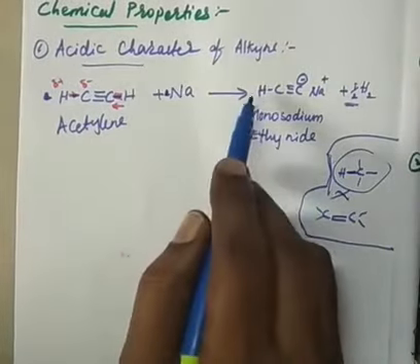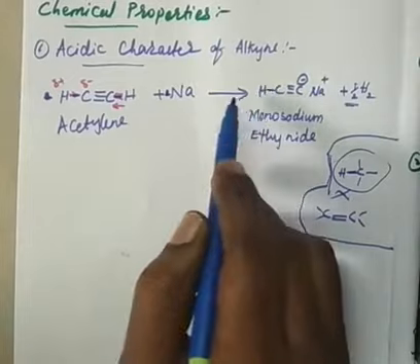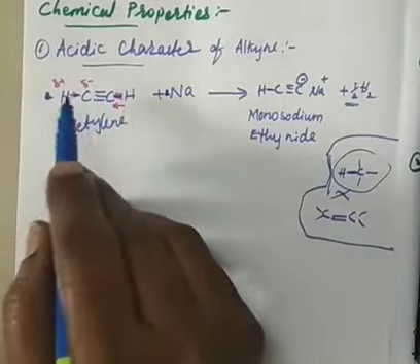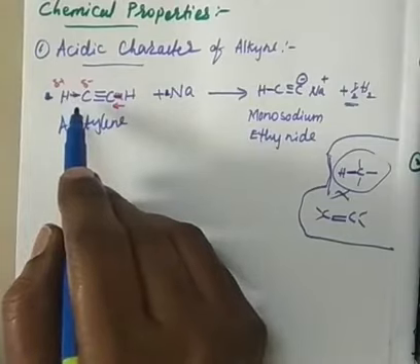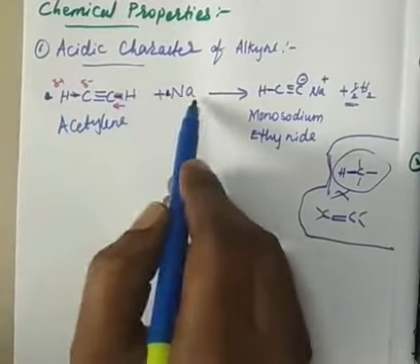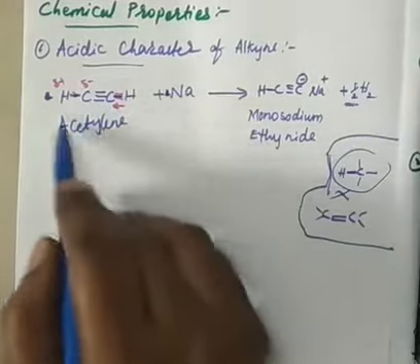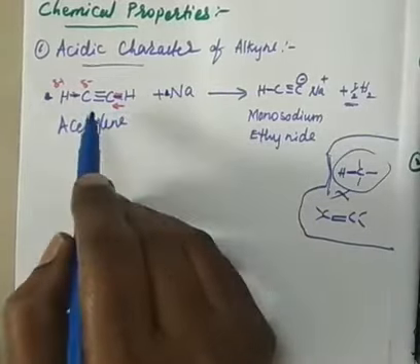But in alkynes, a much larger polarity difference is observed and it loses the proton easily. A proton donor is an acid. Because it loses the proton easily, it acts as an acid, so it has an acidic character.